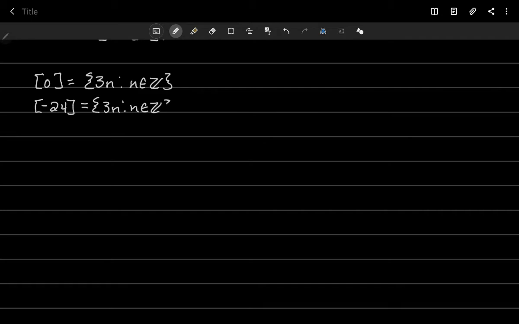Because they both have remainder 0 when divided by 3, that means their equivalence classes are identical. They're the same. It doesn't matter which number I choose to represent the class. I'm getting the exact same set either way. If I take everything related to negative 24, I get the same thing as if I took everything related to 0. That's what that theorem says.